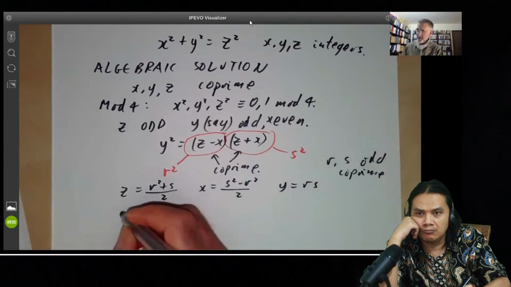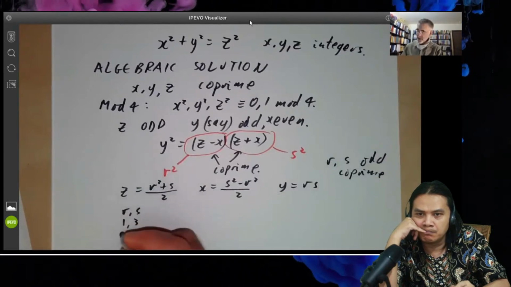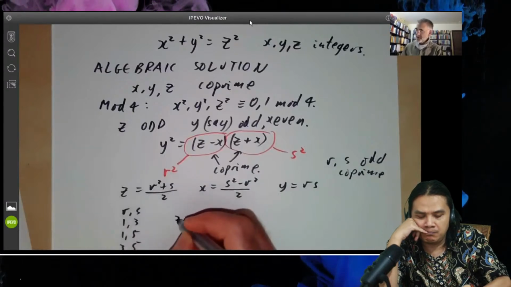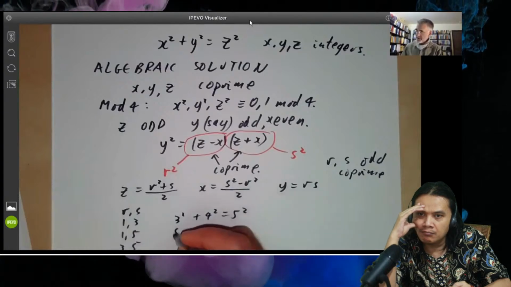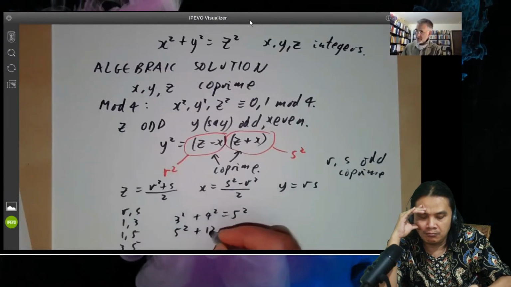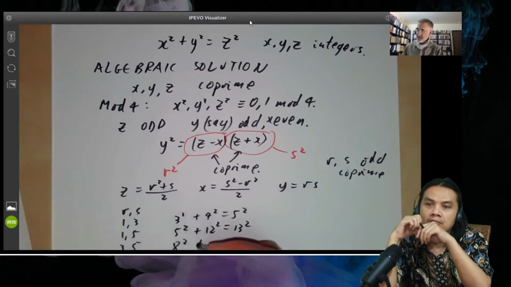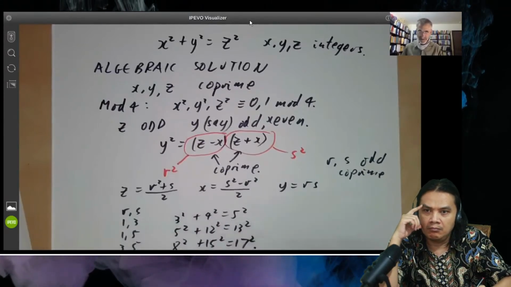And for example, you can read off some solutions. So if r and s are 1, 3, or 1, 5, or 3, 5, then we find the solutions 3 squared plus 4 squared equals 5 squared, or 5 squared plus 12 squared equals 13 squared, or 8 squared plus 15 squared equals 17 squared, and so on.